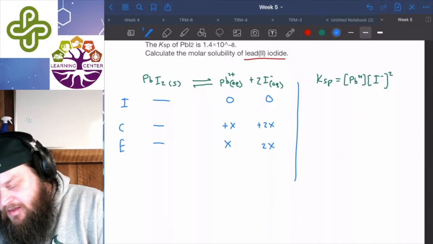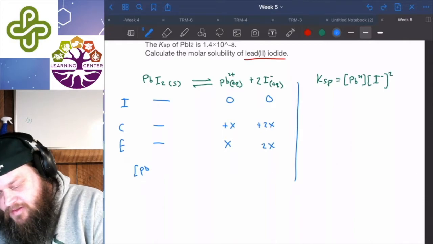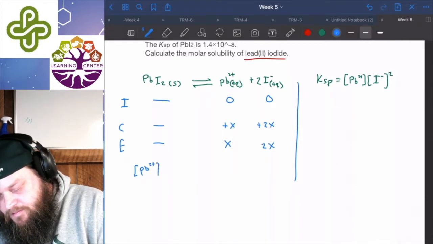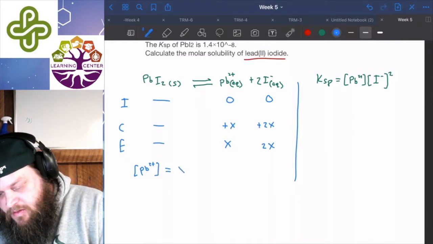And I can write that down here. Pb 2+ is going to equal X, and the concentration of iodide is going to equal 2X.